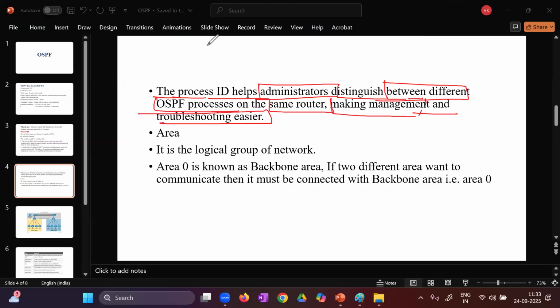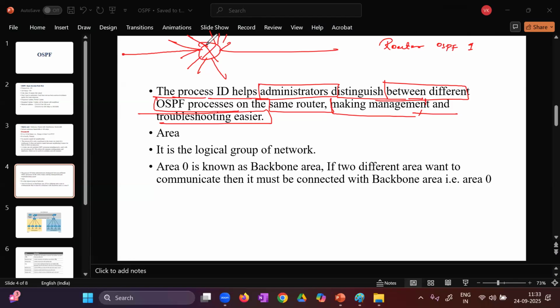As I told you, if we have a router, maybe you have multiple different networks associated with this router. You need to advertise these, correct? When you are advertising, you will write router OSPF and a network with process ID as 1. Let's say these first five networks are part of a department, maybe the sales department.